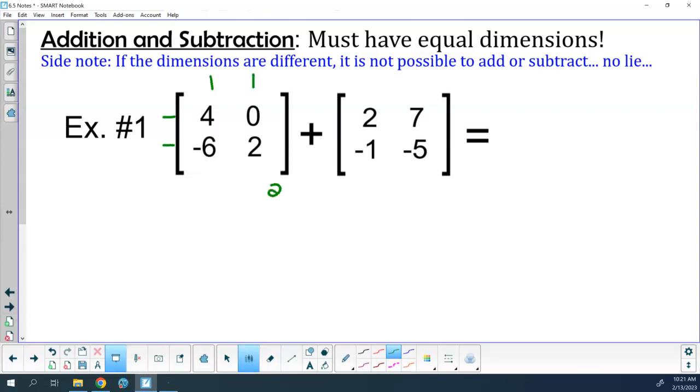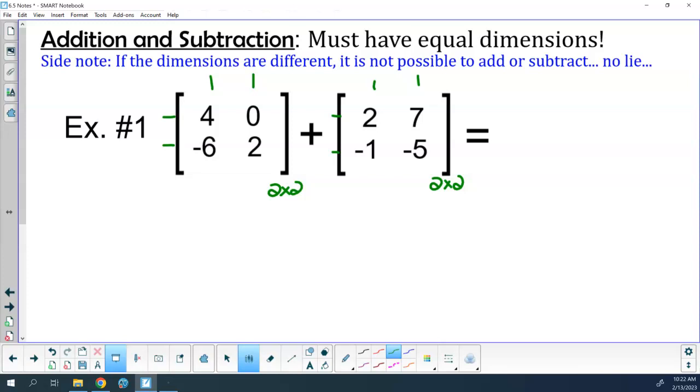So this is a 2 by 2 matrix. The second one has 2 rows and 2 columns, so it is also a 2 by 2 matrix. They are the same size, so we can add and subtract them. If they weren't the same size, we would be done at this step.